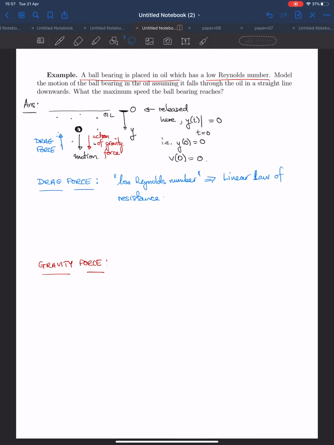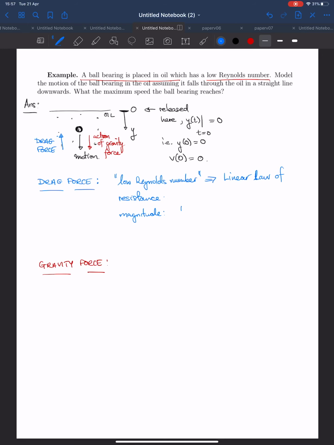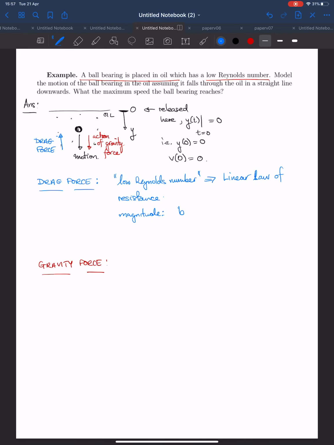So the magnitude is bv, that is, b times v of t, which is positive as the ball bearing falls, in the direction of positive y.